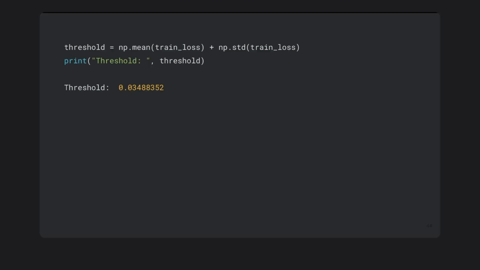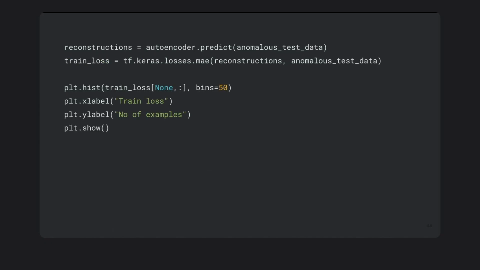But let's confirm that. If I then look at my anomalous test data, I'm using the same algorithm, but I have a set of anomalous test data, which are ECGs that were bad or anomalies and not the same as the ones that I trained with. I can pass that data to my autoencoder to get a set of reconstructions.